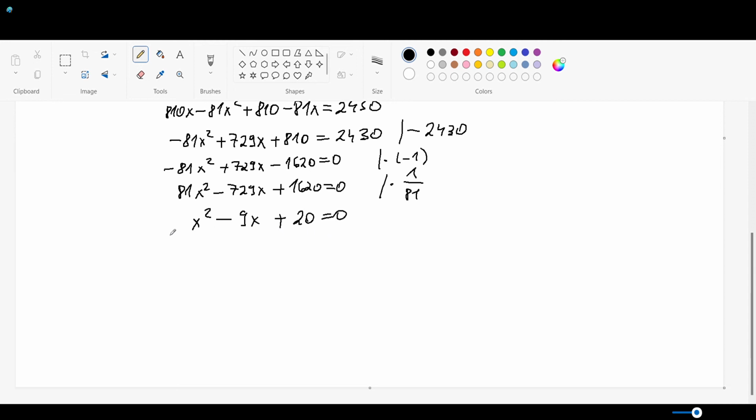And now if you look at this quadratic equation, it can be solved even by factoring, because I have really nice numbers, -9 and 20. So let's finish by calculating the discriminant. The discriminant is b squared minus 4ac. b squared is -9, I will put the whole number in brackets squared, minus 4 times a is 1 and c is 20.